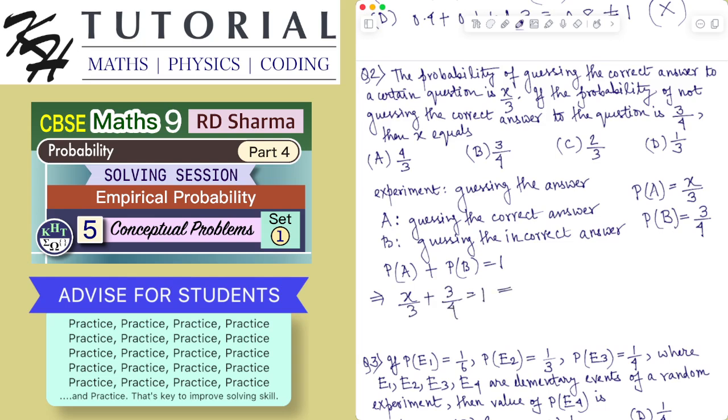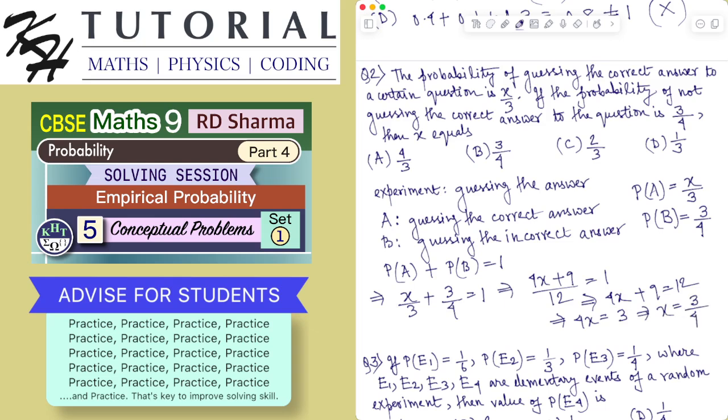We got a linear equation in x, we can easily solve for x. If I simplify this, it will be (4x plus 9) by 12 is equal to 1. This implies 4x plus 9 is equal to 12. This implies 4x is equal to 3. This implies x is equal to 3 by 4.